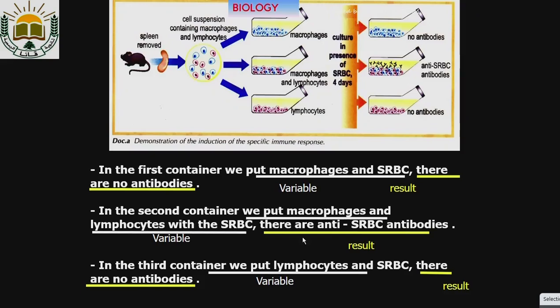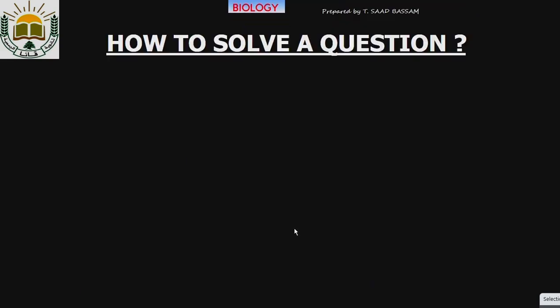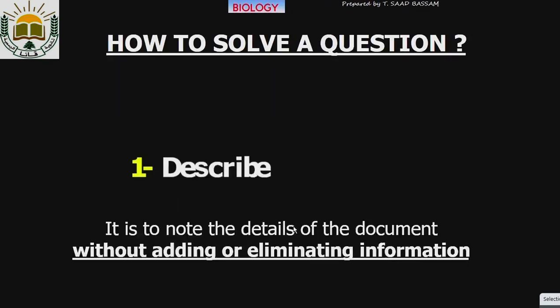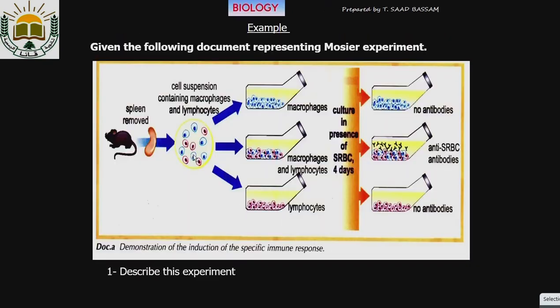Till now, we saw some verbs as described, if you remember. We had this document, this experiment, and we described it. The spleen of the mouse is removed, and we obtain these cells, macrophages and lymphocytes.